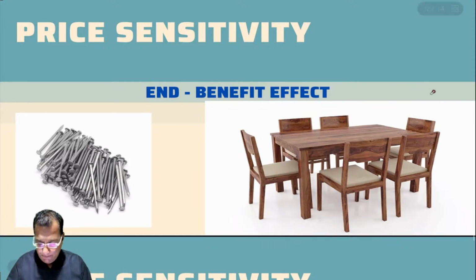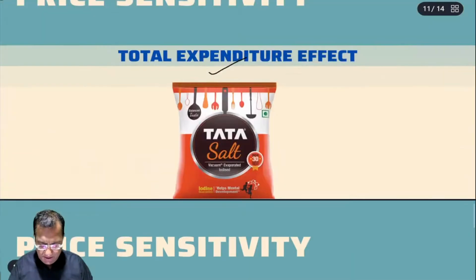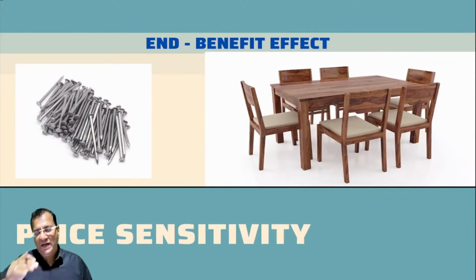In other words, my customers are not the end user. Here, my customers are the end user. They are themselves consuming the same. Here, they are not the end user. They are manufacturing such things, purchasing raw material from me, and then the end user will be somewhat different.